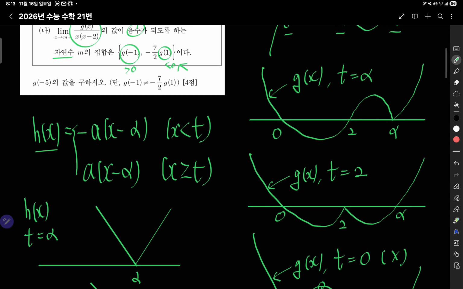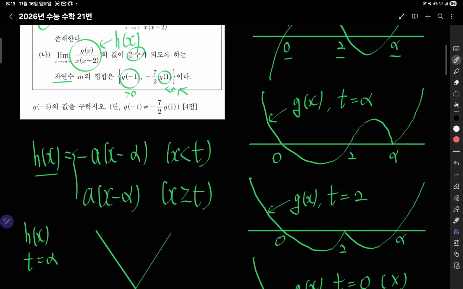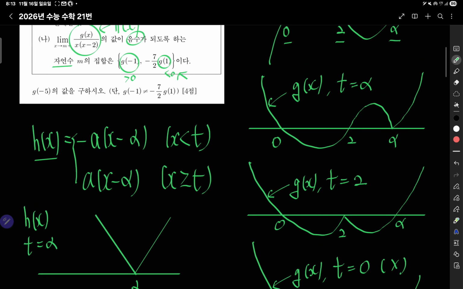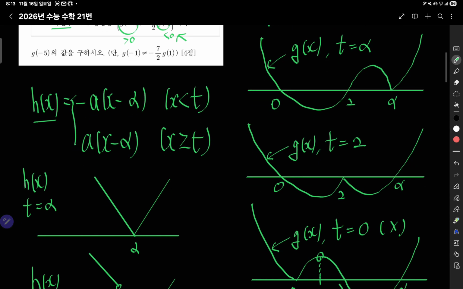So let's think of the graph of h of x when t is alpha. In this case, the graph will be reflected at the point of alpha. And in this graph, there is no negative part. So that means we cannot make the limit value negative. And that's not the case we want. So we can also eliminate the case when t is alpha.